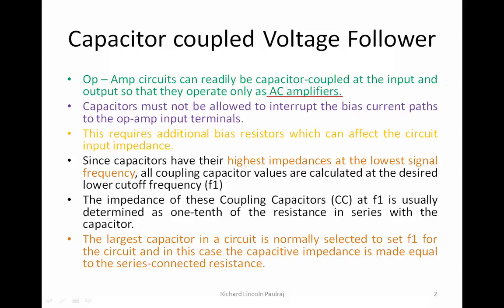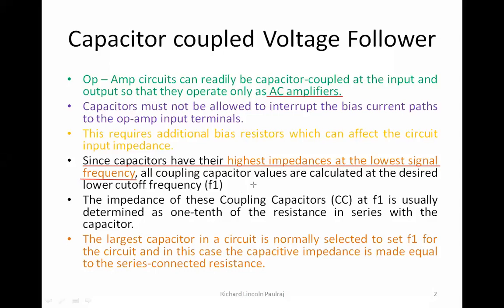Since capacitors have their highest impedances at the lowest signal frequency, keep this in mind, this is important. Less frequency, high impedance. So frequency and impedance are inversely proportional with respect to capacitors.